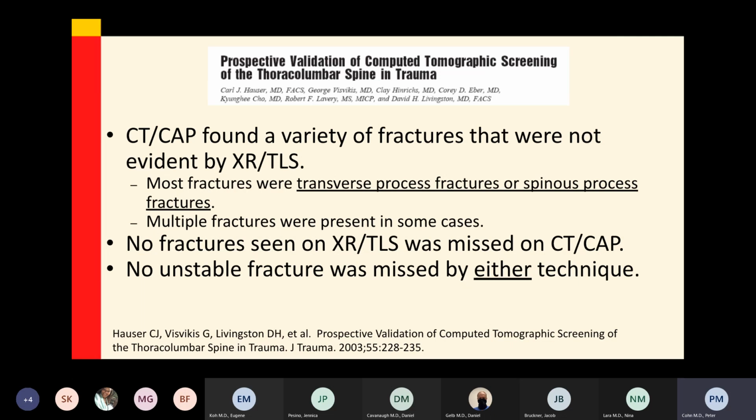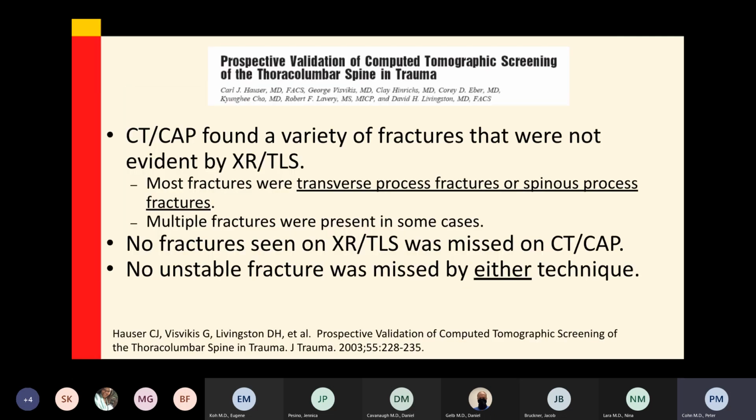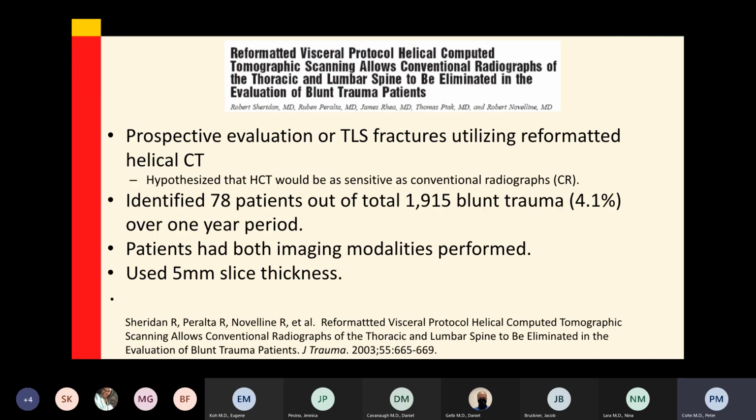And really anything that the CT found, X-ray also found, but no unstable fractures were missed by the X-ray technique in this study. So even though the sensitivity and specificity were low for X-ray, most of the things that were missed were relatively inconsequential, at least in this study.